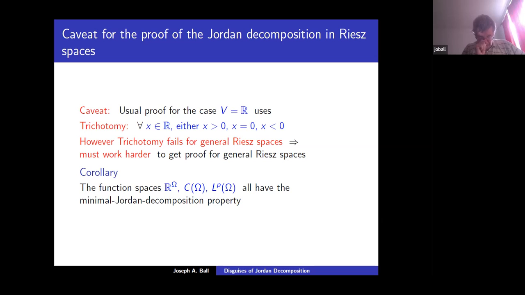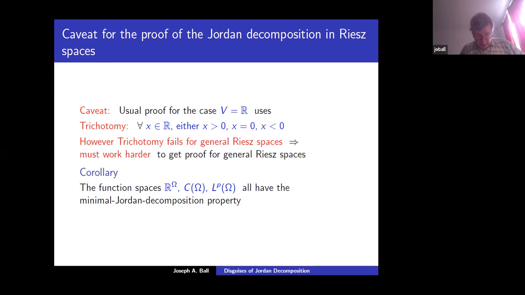So that's all you need to see that in a Riesz space, you always have this minimal Jordan decomposition property. What it means is that any other decomposition of x as a difference of positives is the special x plus and x minus, each plus the same p. That's the only way you can get something different.